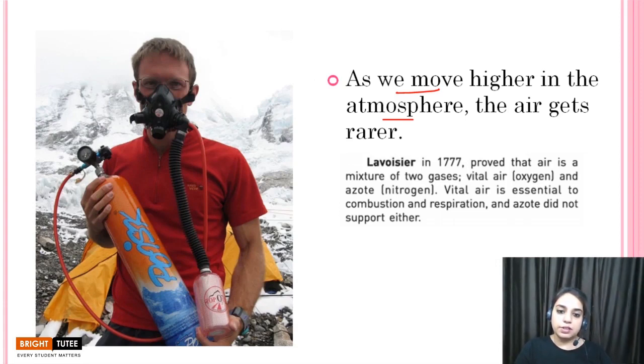Oxygen cylinders. Okay. And children, there was a scientist Lavoisier in 1777. He proved that air is a mixture of two gases, the vital air which is known as oxygen and azote which is known as nitrogen today.